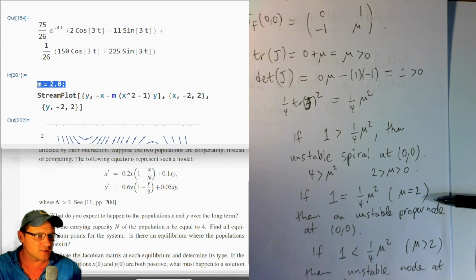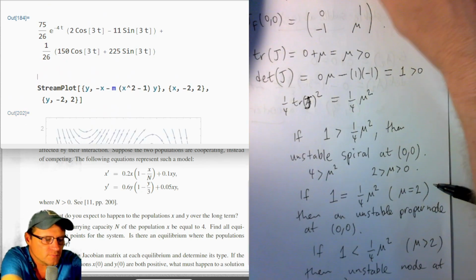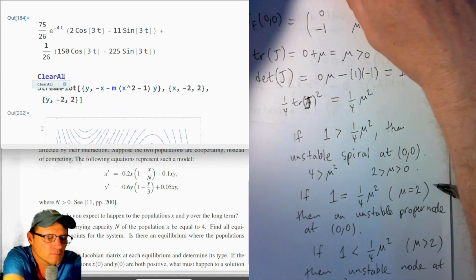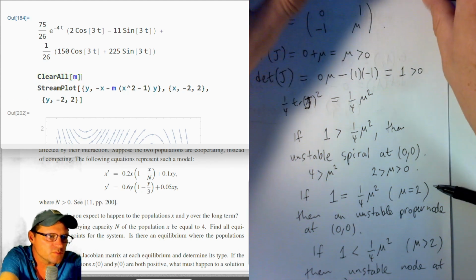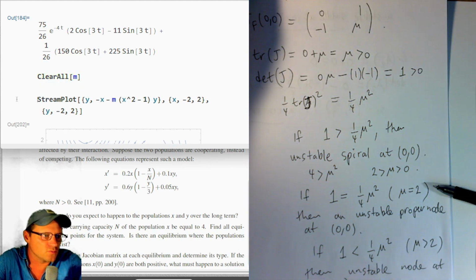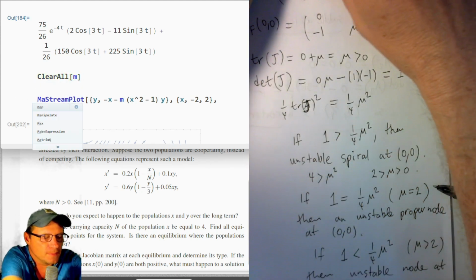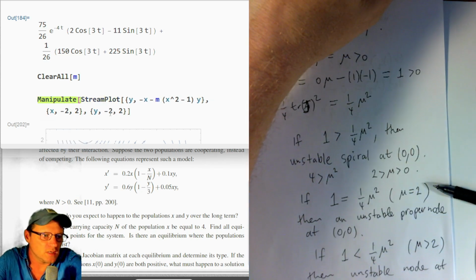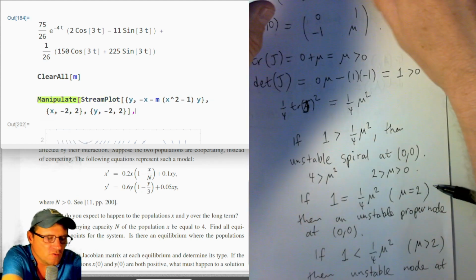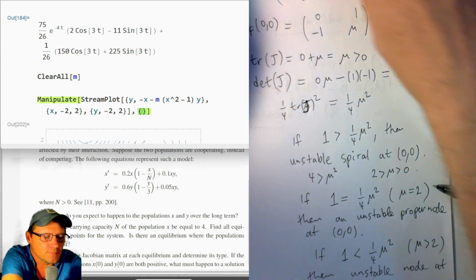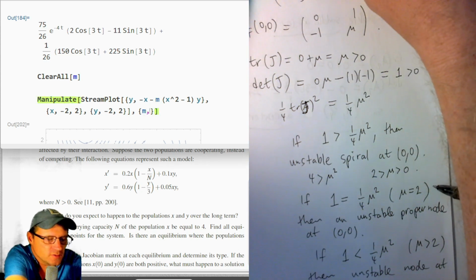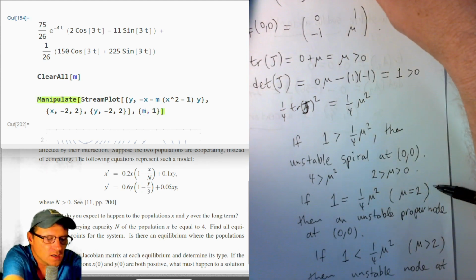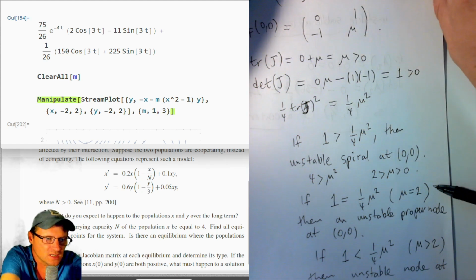And now what I'm going to do is clear all of those mu values, and I will write manipulate. And we will manipulate over m as m goes from, say, 1 to 3.